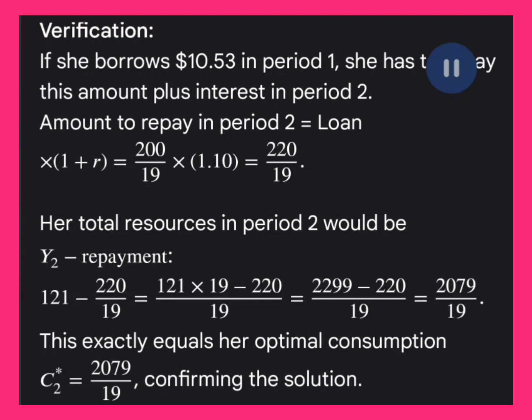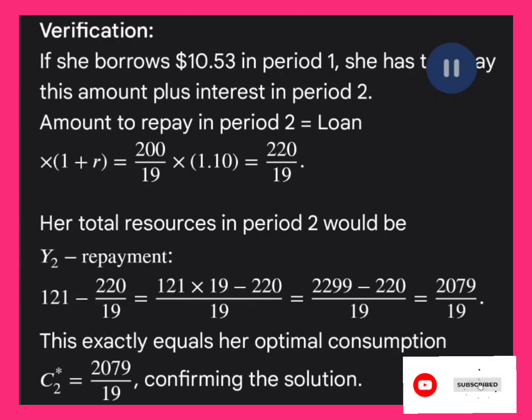Her total resources in period 2 would be y_2 minus repayment, 121 minus 220 over 19, equals 2299 minus 220 over 19, equals 2079 over 19. This exactly equals her optimal consumption, c_2 star equals 2079 over 19, confirming the solution.